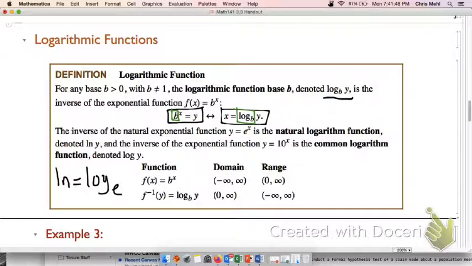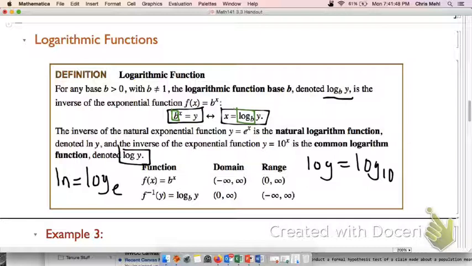And on the right, the inverse of the basic exponential function 10 to the x, some people call this the common logarithm. This shows up commonly in chemistry applications. pH is based on a base 10 system. That's why that's called the common logarithmic function. And you simply drop the base and write log y. If I just write log, I'm talking about log base 10.